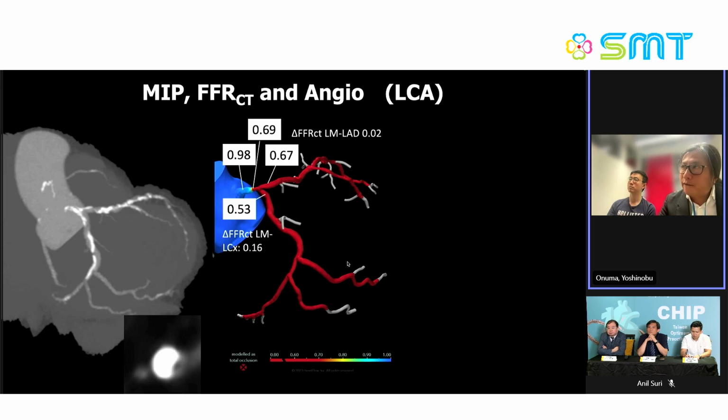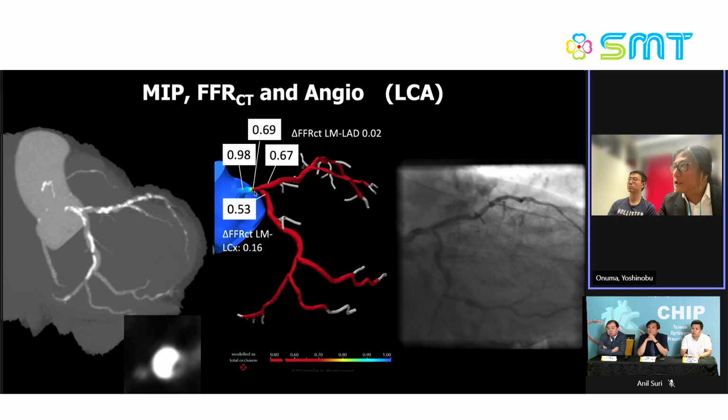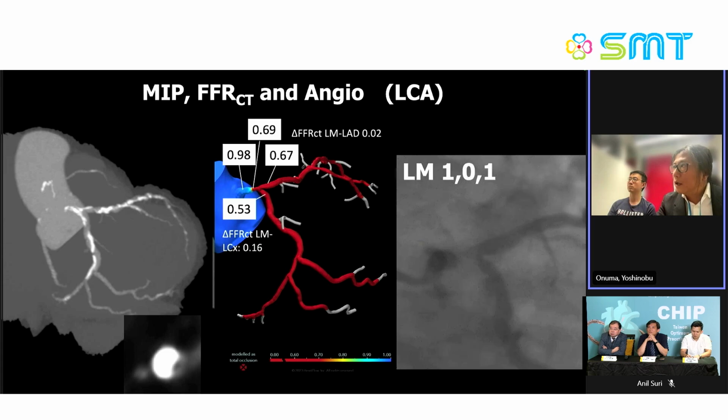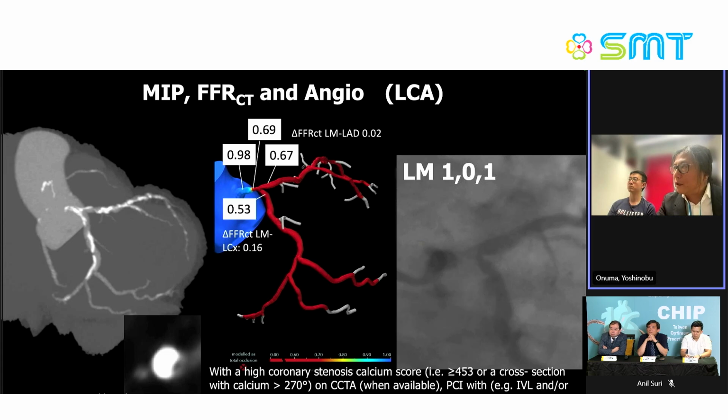FFRCT has a unique algorithm to reduce the artifact of the calcium on CT, and you can really see that already in the left main there was a significant drop of the pressure, which is 0.69 in the distal part of the left main. And this is the actual angiography, and you can really see the tight stenosis in the distal left main, and it's a 1-0-1 lesion.